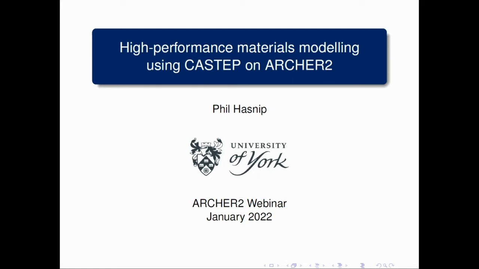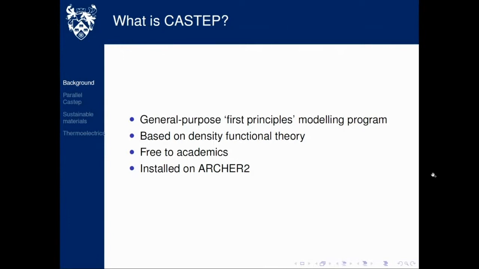Today I'm going to talk about the program which has been, I guess, at the core of most of my research over my scientific career. It's called CASTEP. It's a first principles materials modeling program, and I will talk about what that means as well. The general idea is I'm focusing on some of the things that you might care about if you're running CASTEP on ARCHER2, and I haven't assumed too much by way of background.